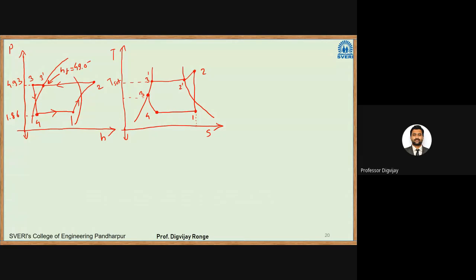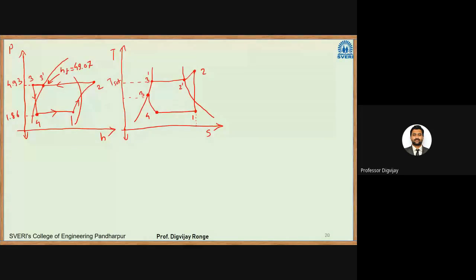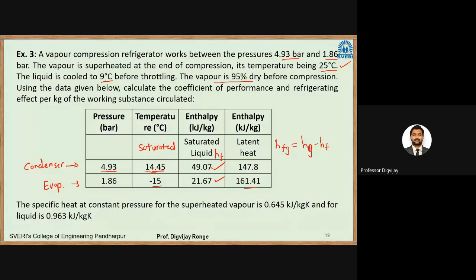Next, they have given the latent heat, 147.8. So that means they have given this value, let us say at point 2 dash. How much have they given? 147.8. Next, for the pressure 1.86, they have given the enthalpy of saturated liquid as 21.67.